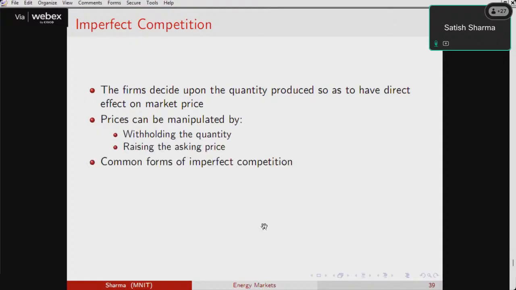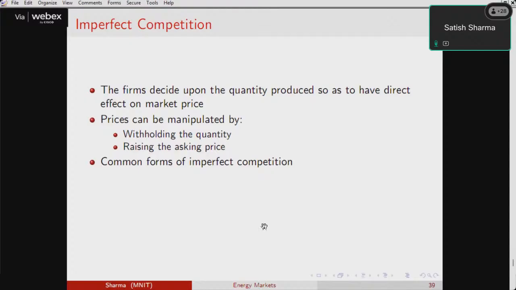There are two ways of manipulating the market price. One is withholding the quantity. Like in a general commodity market, sometimes people stock the goods. The same thing can be replicated by withholding quantities: they are able to produce more, but they are not producing enough quantity.